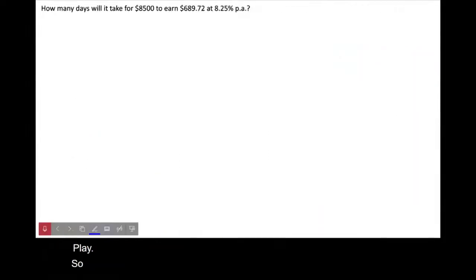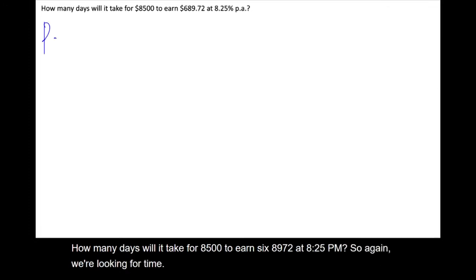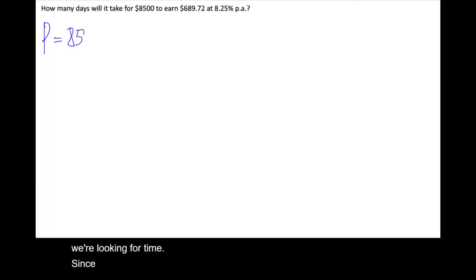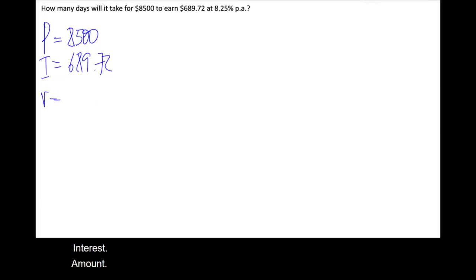So let's move forward. How many days will it take for 8500 to earn 689.72 at 8.25% P? So again, we're looking for time. Since 8500 is earning money, it means it's P. Whatever it earned, that's the interest amount. And interest rate is 8.25%.